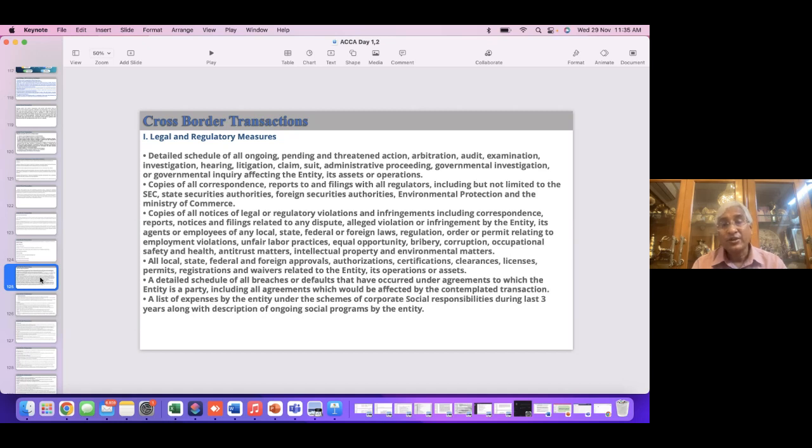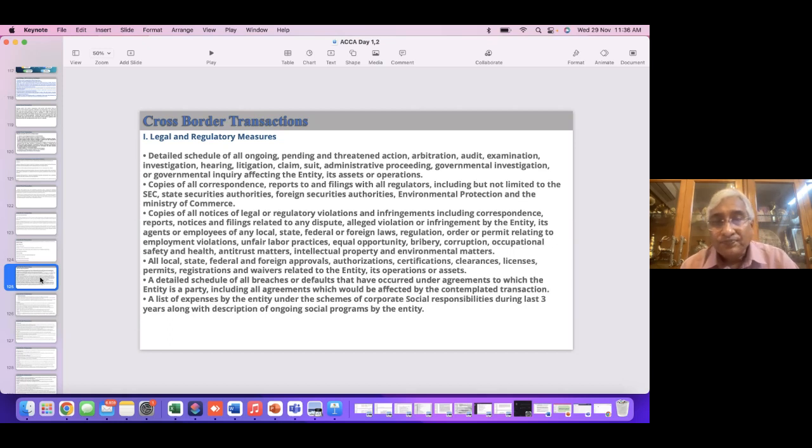That is actually a violation. So one must protect the interest of the IPR, intellectual property rights, so that any litigation, suit, or possible violation can be avoided.